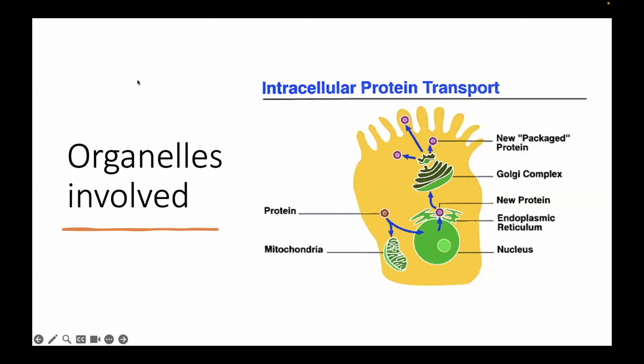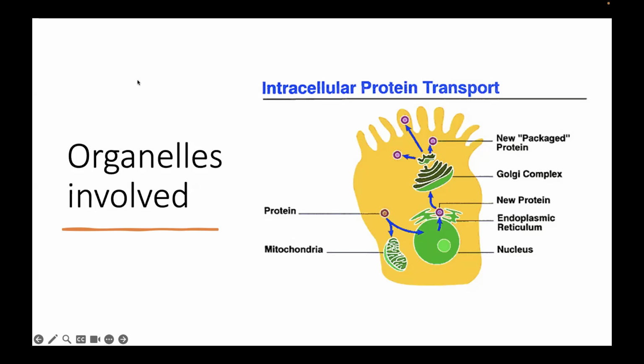It's the rough endoplasmic reticulum, or the rough ER, and the smooth endoplasmic reticulum, or the smooth ER. The smooth ER does not play a role in protein synthesis. It plays a role in lipid metabolism. Okay? It plays a role in fat metabolism, as well as the metabolism of steroids.